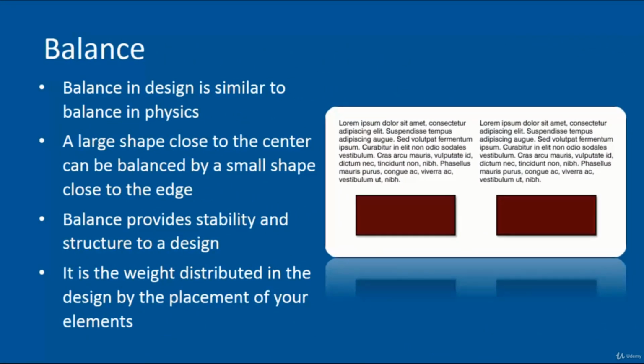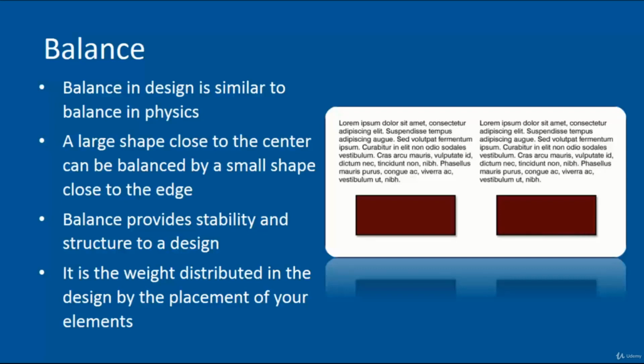So balance in design is similar to, let's say, balance in physics, right? So if you were to place a button on the top, then the next button would probably be on the bottom or onto either side. So depending upon your own requirement, the distance has to be the same among items, right? Same thing with the boxes.